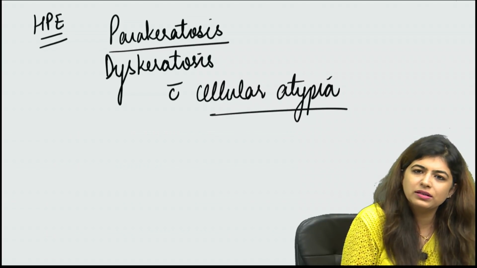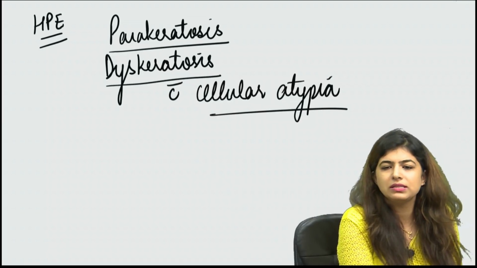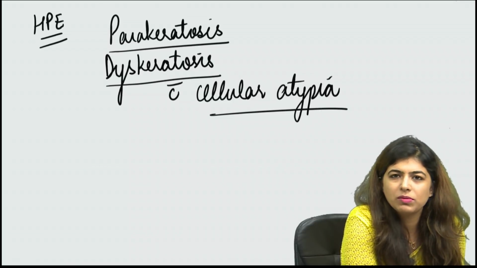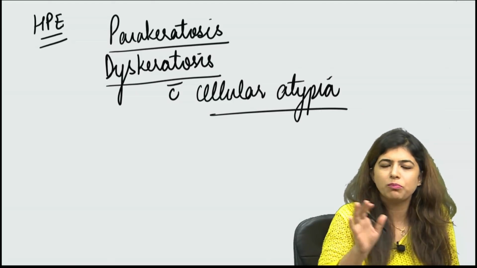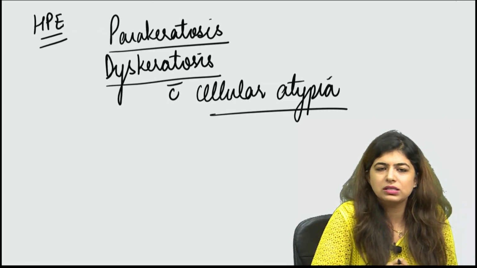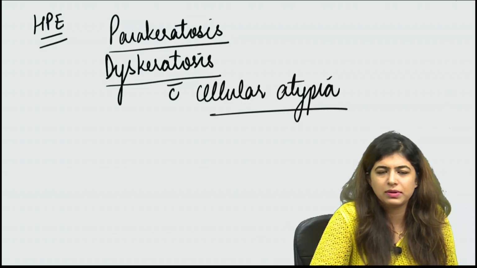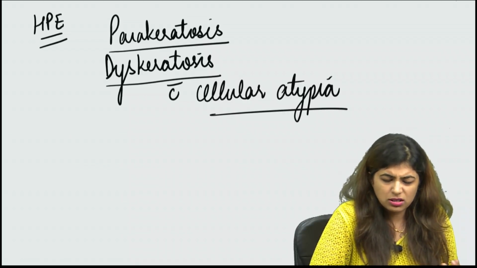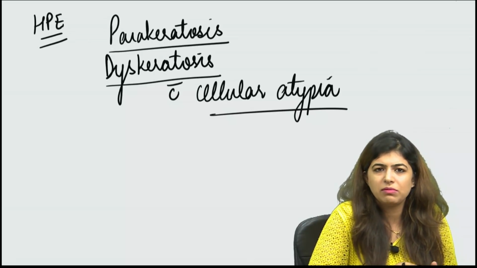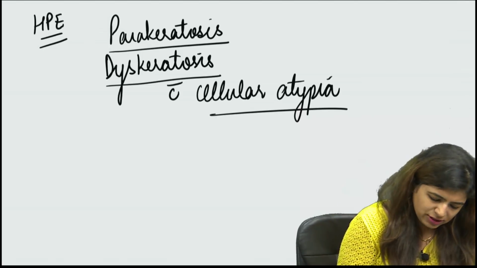Parakeratosis means nucleated keratinocytes in the stratum corneum. Dyskeratosis means abnormal keratinization, which leads to some cells with abnormal mitosis and disordered polarity of the epidermis. Atypia is cells with maybe a large nucleus or a disordered mitosis, different shapes, different architecture. So all these features will suggest that there may be some pre-malignant change which is happening in the lesion.